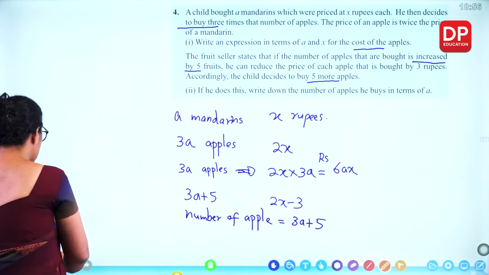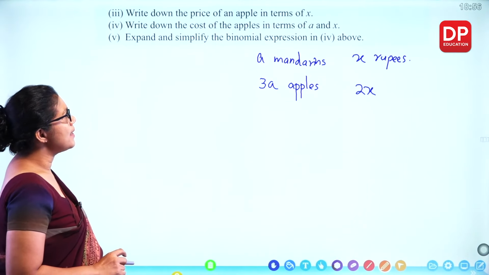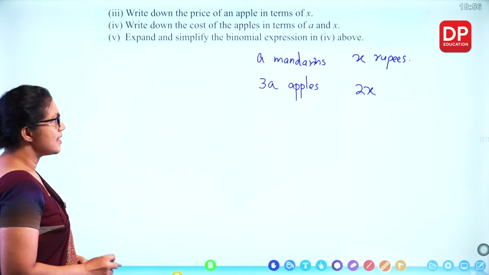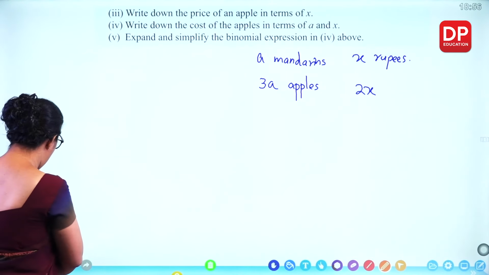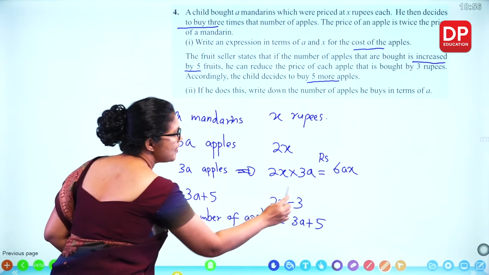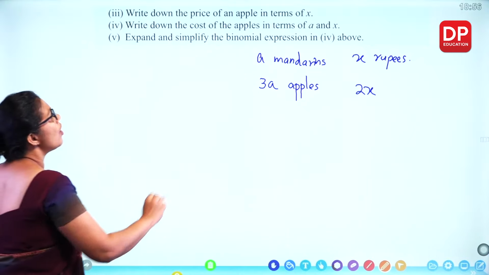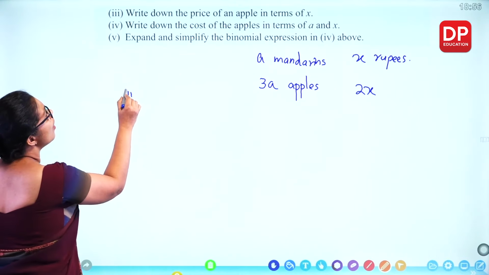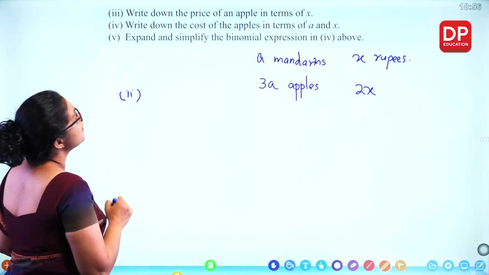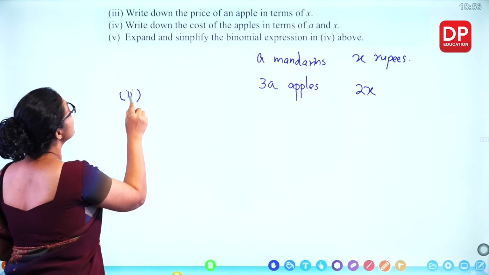Now we'll see the next part. It says write down the price of an apple in terms of X. Now we already found that here this is reduced by 3. So this number becomes the price for an apple.